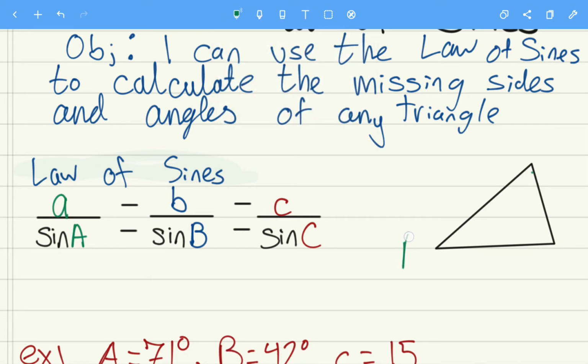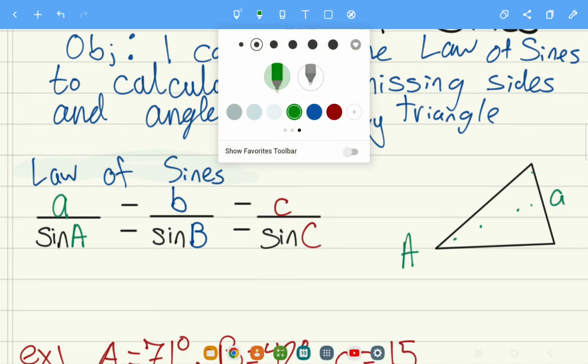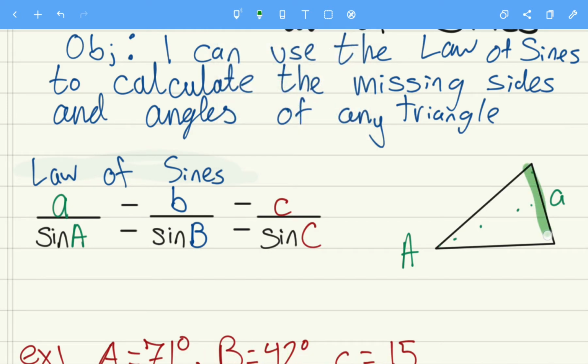So let's start with angle A. Side A is going to be across from it on the triangle right here. So that is angle A and side A. Now angle B can be any one of the other two angles.